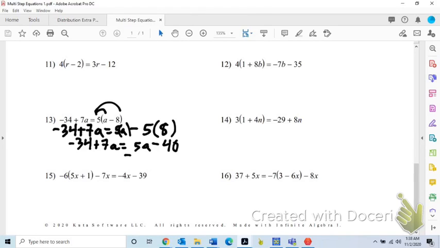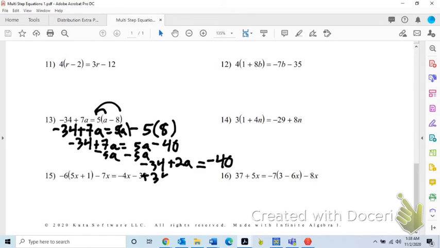We're going to subtract 5a from both sides, keeping our variables positive. So we have negative 34, 7a minus 5a is 2a. And the 5a's cancel out, so we're just left with negative 40. So we have negative 34 plus 2a equals negative 40. So we have that negative 34 there. How do we get rid of a negative?